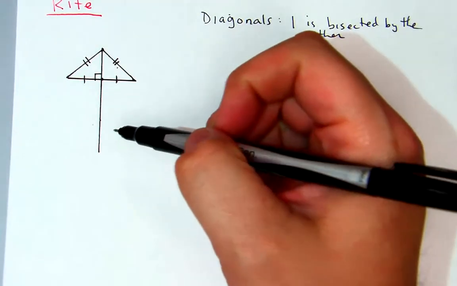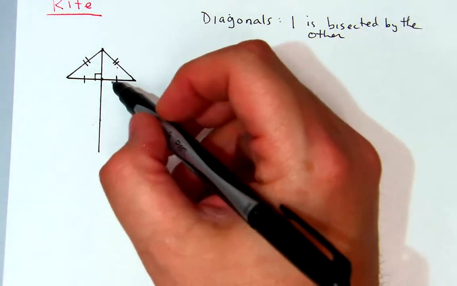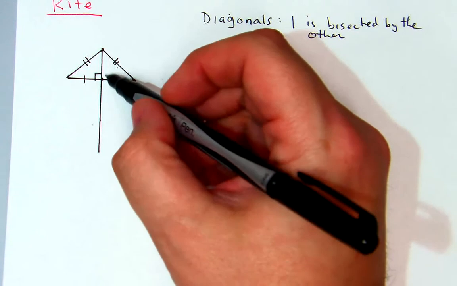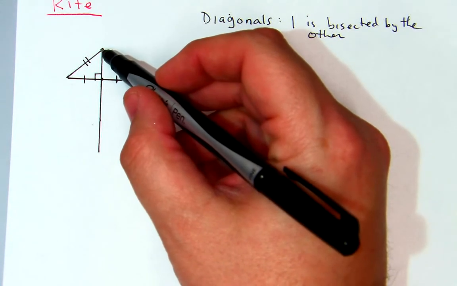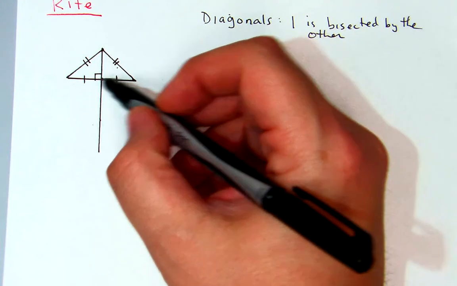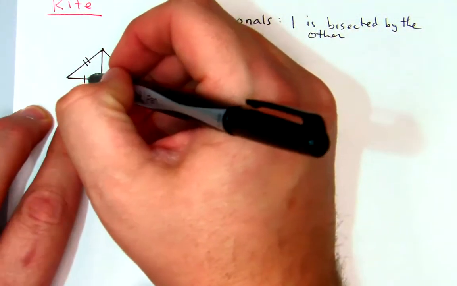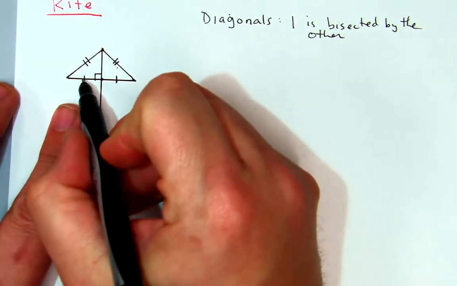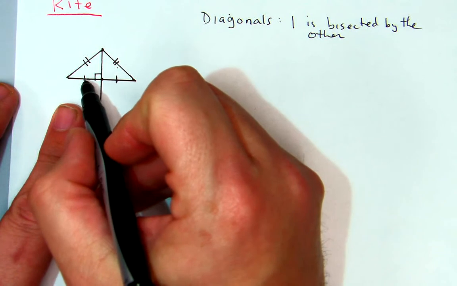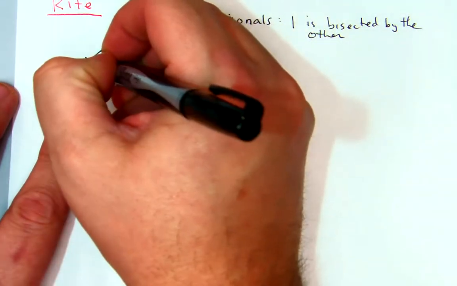The reason is the perpendicular bisector theorem, which says that if you have a segment that's perpendicularly bisected by a second segment, then any point on the perpendicular bisector is the same distance from the endpoints. Another way to think of it: since we have right triangles, you can use the Pythagorean theorem.